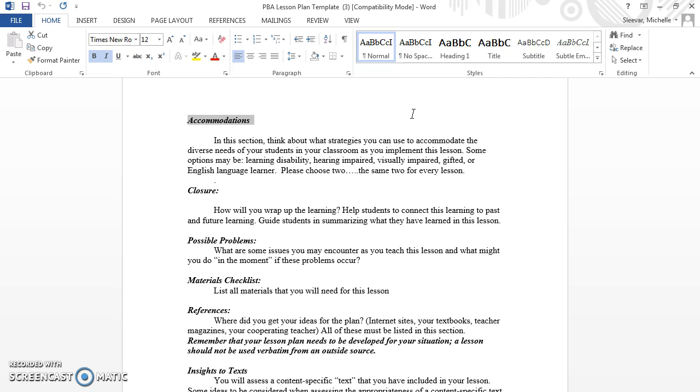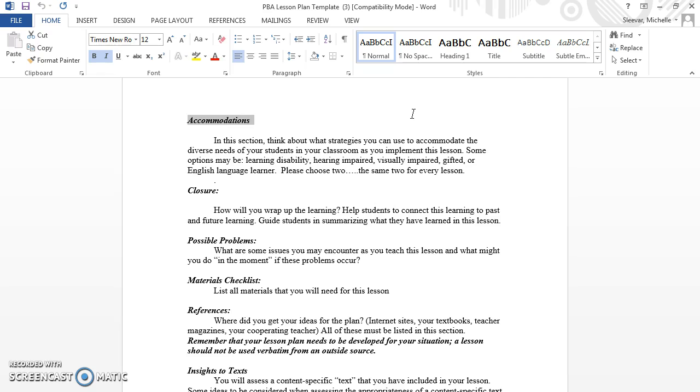But elementary education majors, obviously that is not our area of expertise, and you can stick to other examples of exceptionalities. I highly recommend ELL because we are certainly going to have students who have English as a second language in our future classrooms, and how we would address accommodating them is important to start thinking about.